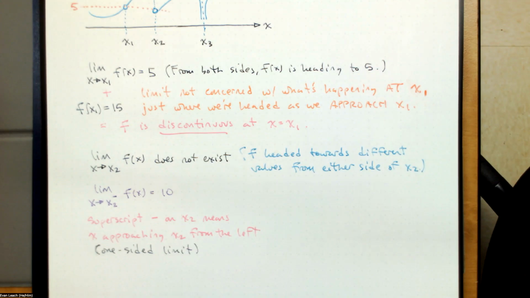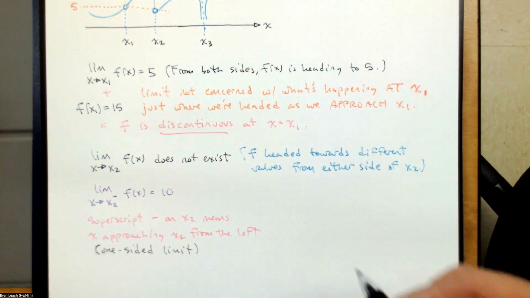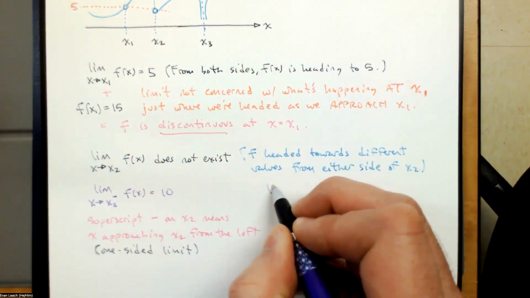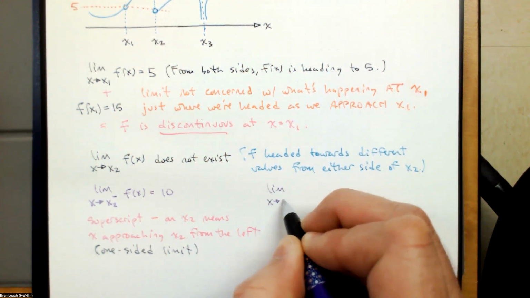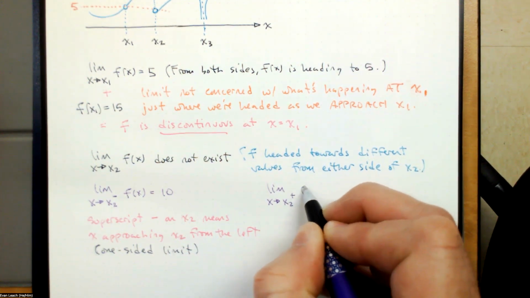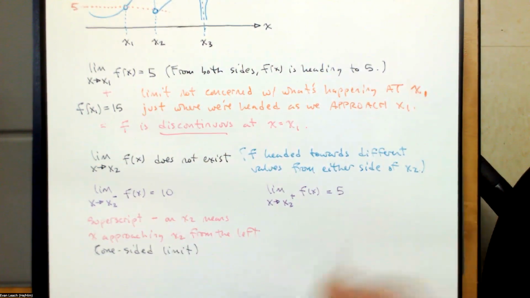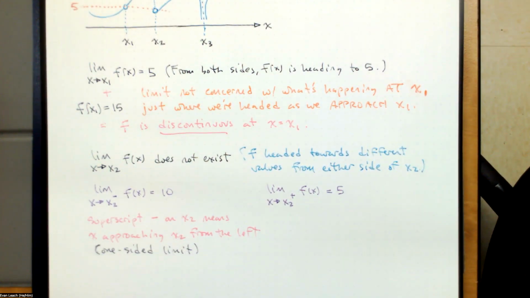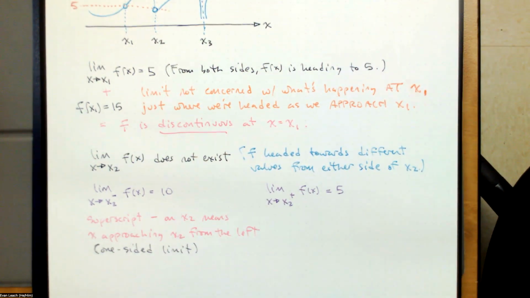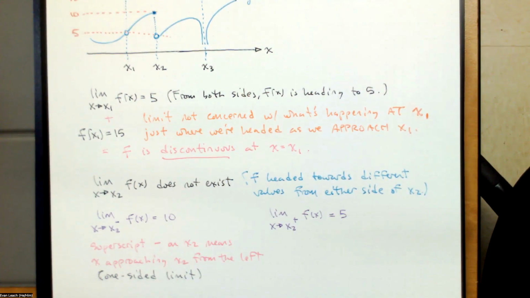Similarly, we can approach x2 from the right, in which case we'll put a superscript of plus. As x approaches x2 from the right, the function is headed towards the value 5.